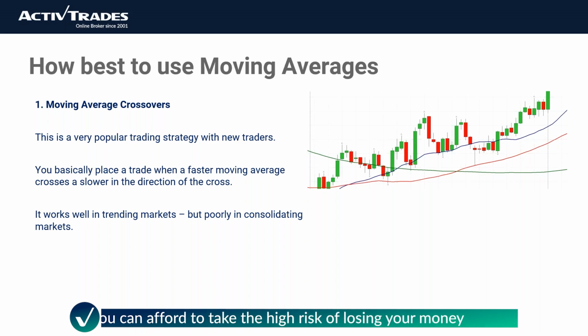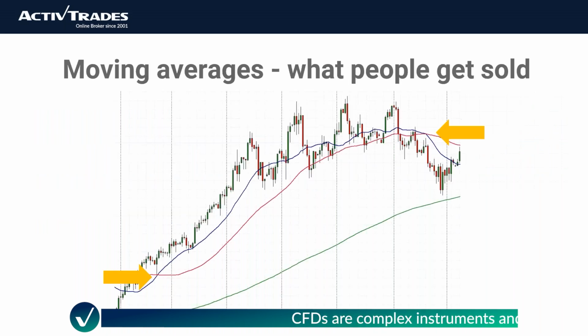People are immediately attracted to it because it works very well in trending markets, but what they don't realize is that it works poorly in consolidating markets. So many new traders might see a chart like here, where they look to buy that market when the faster 20 period moving average crosses the slower 50.